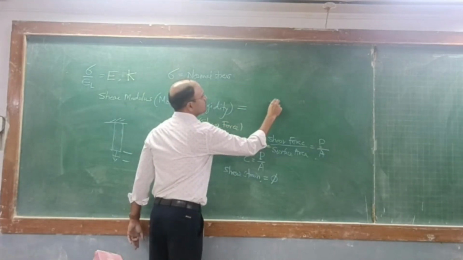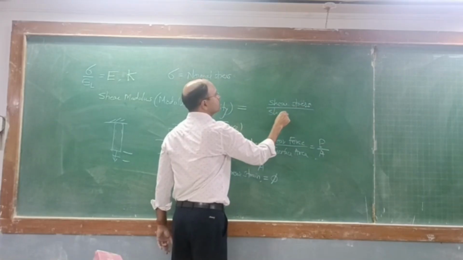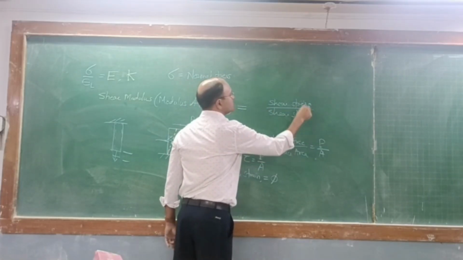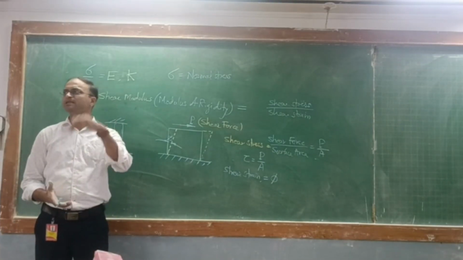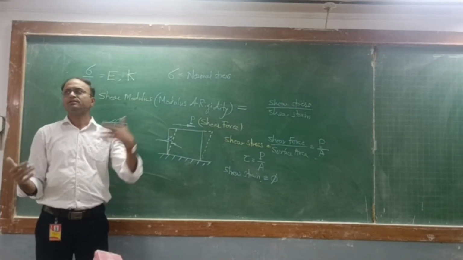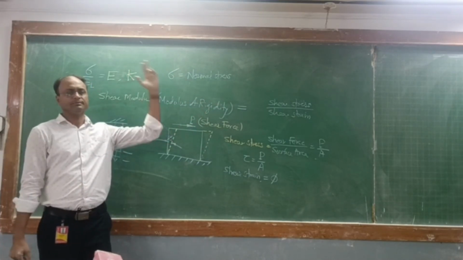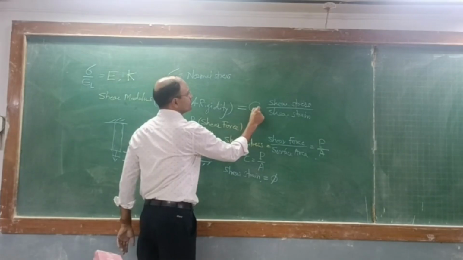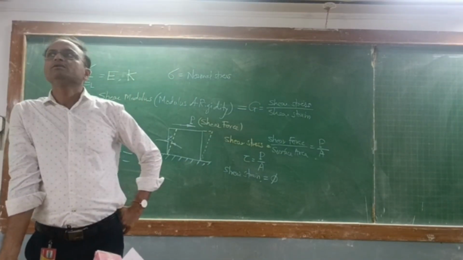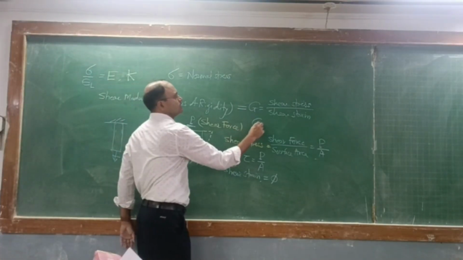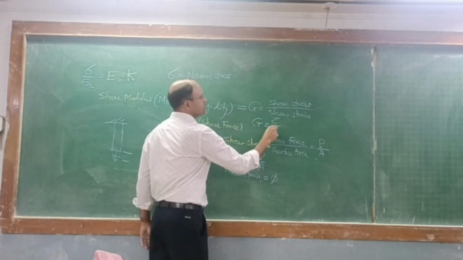It is equal to shear stress upon shear strain. Stress by strain, so simple. Shear है तो modulus, longitudinal है तो Young's, denoted by G. G is equal to shear stress upon shear strain, or in terms of notations, G is equal to tau upon phi.